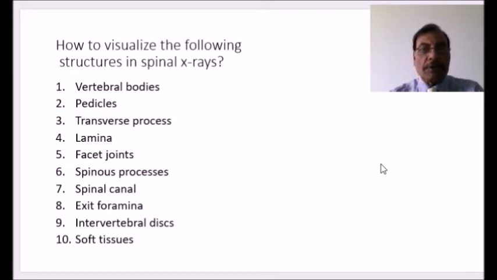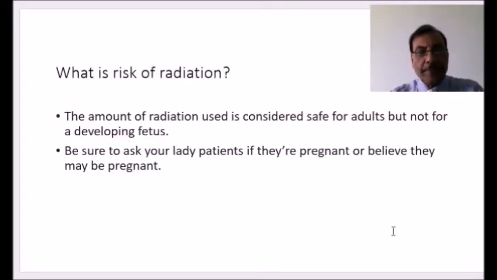Almost all can be visualized in AP view. What is the risk of radiation? Actually, the amount of radiation for adults is considered to be safe, but it is not safe for a developing fetus. So whenever a lady patient comes to us, we must be assured that she is not pregnant.